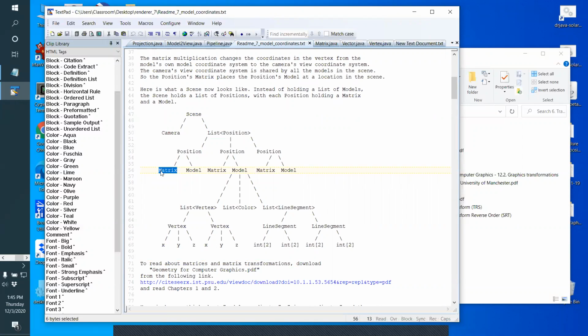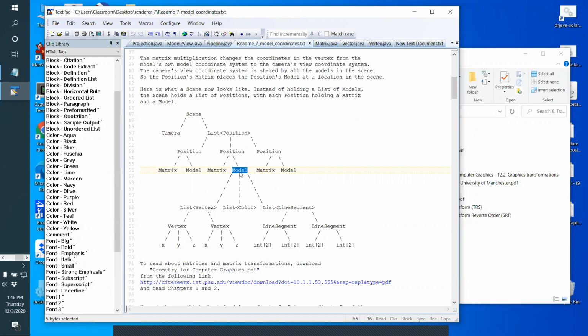And this matrix, the key is that, remember, if we want to take this model, translate it, rotate it, scale it, then translate it, all that's encoded into this one matrix. That one matrix can hold as much information as we want. So there can be a lot happening to that model, but it's all in that one matrix.